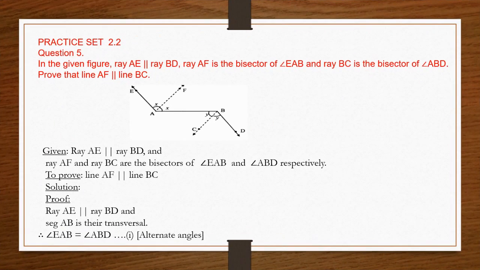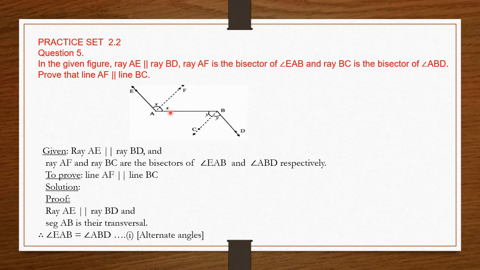Question 5. In the given figure, ray AE is parallel to ray BD and ray AF is the bisector of angle EAB and ray BC is the bisector of angle ABD. Prove that line AF is parallel to line BC. The figure is given.